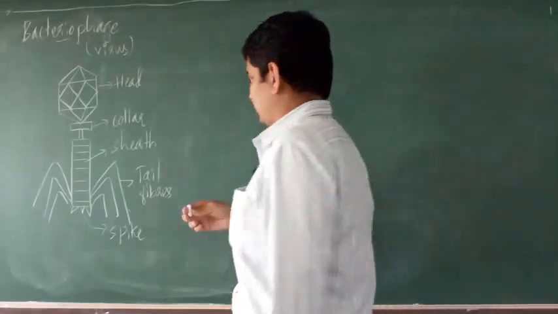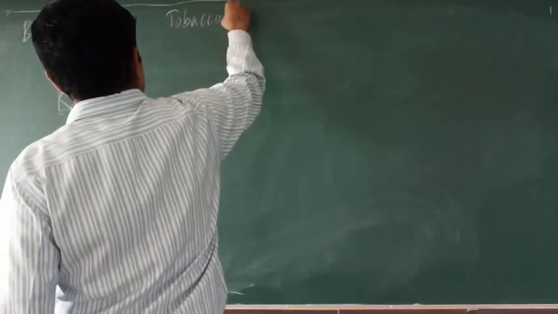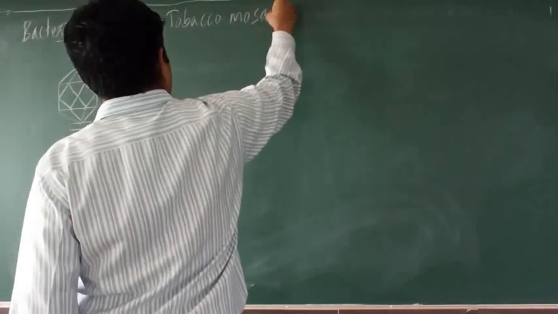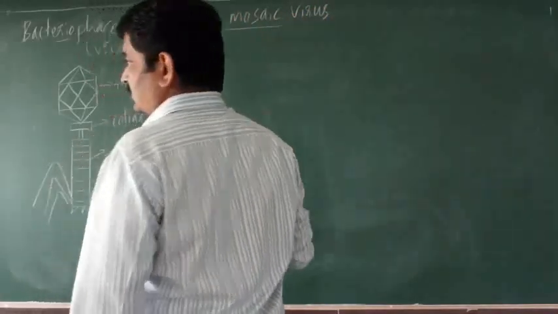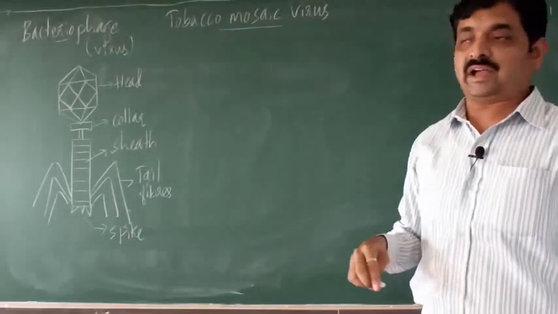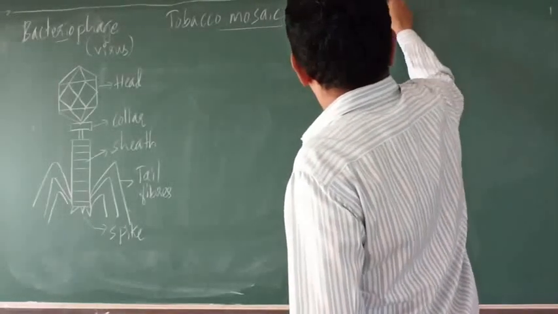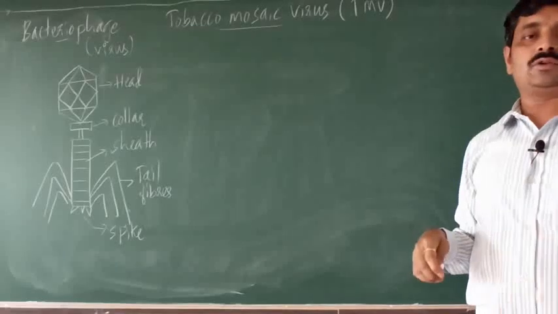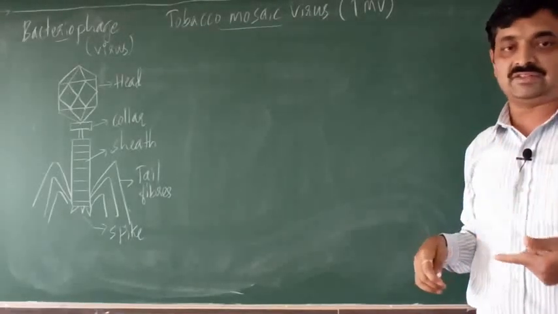Then another type of virus is the tobacco mosaic virus, which is the TMV. This virus infects the tobacco plants.